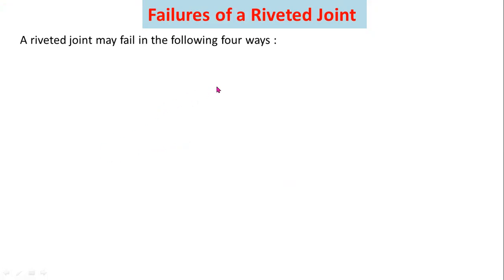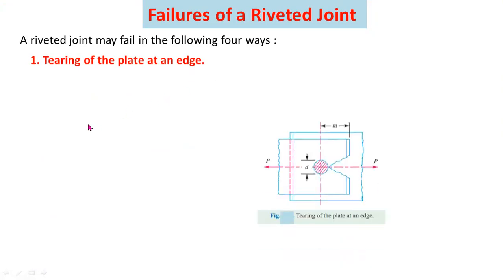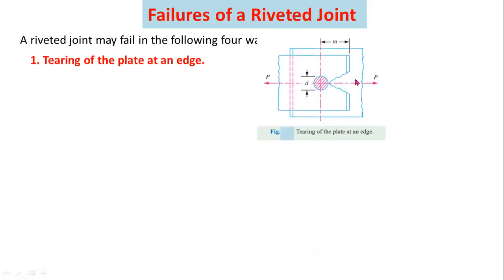A riveted joint may fail in the following four ways. Tearing of the plate at an edge, this is the first failure. To avoid this failure, you have to provide a suitable margin.